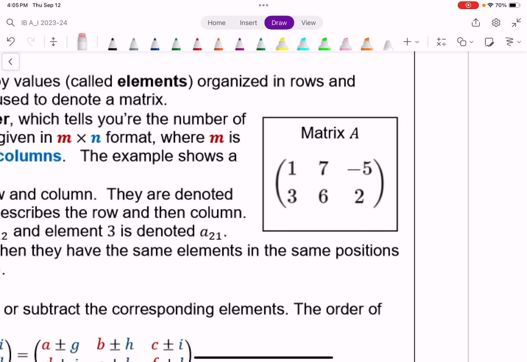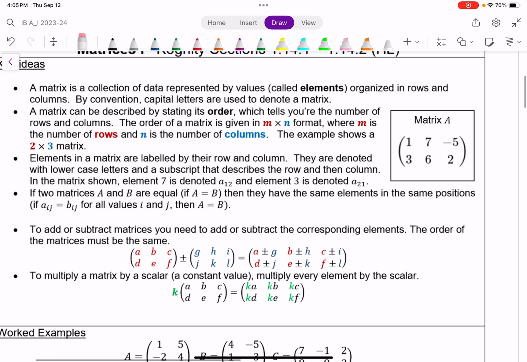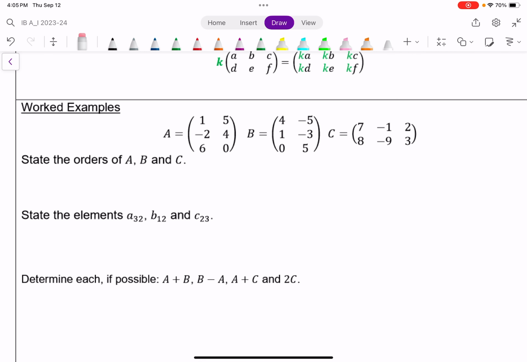With that quick little intro, there's nothing inherently complex about a matrix, but as we delve farther and farther into this, there will be a fair amount of things to think about. So I have 3 matrices here, A, B, and C, and first the orders. Again, the order is a description of the number of rows and columns, always rows first. So the order of A is 3 rows by 2 columns, so it's just 3 by 2.